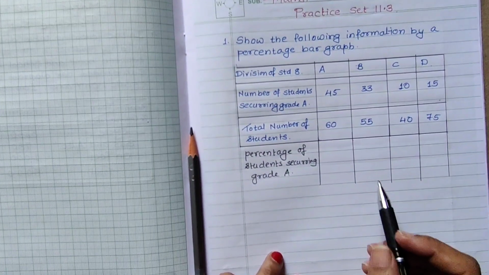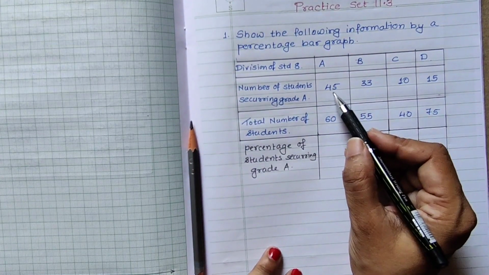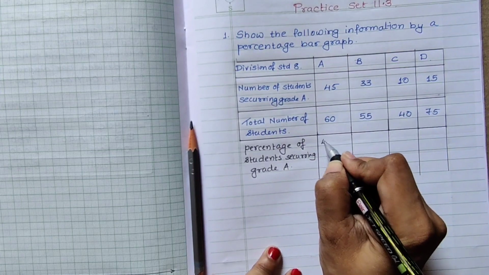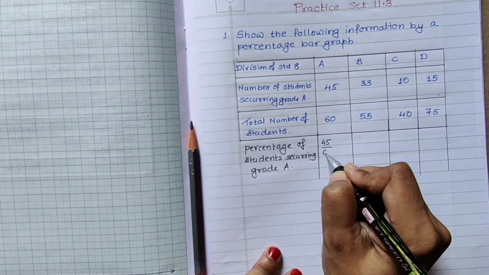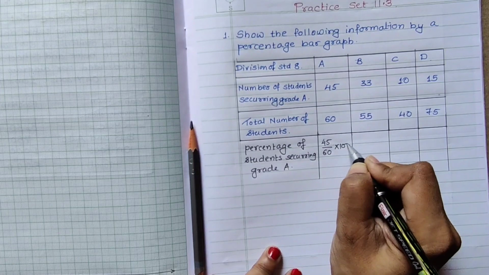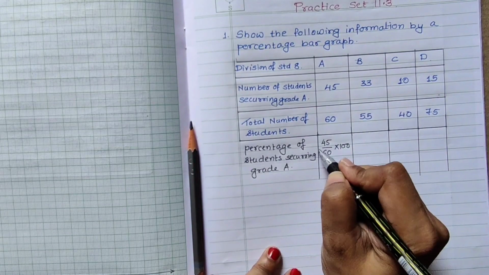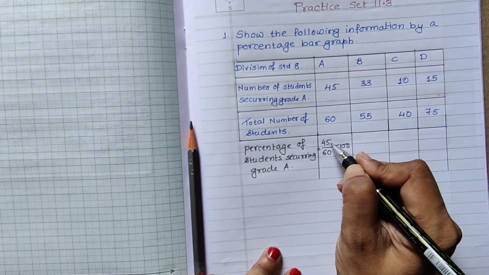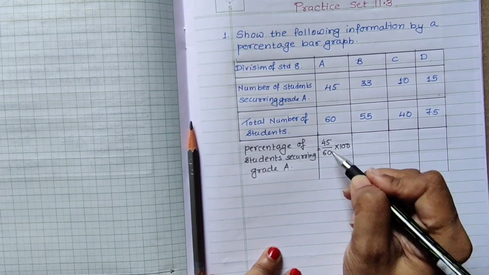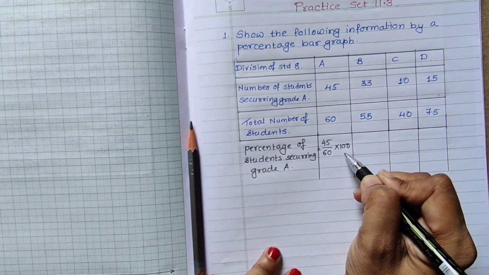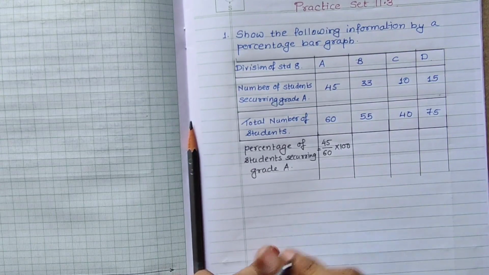In division A, out of 60, 45 students have secured grade A. So we have to write it as 45 upon 60 multiplied by 100. In this way, we first write the step: out of 60, 45 has secured grade A, that means 45 upon 60, and as we have to convert it into percentage, that means multiply by 100.